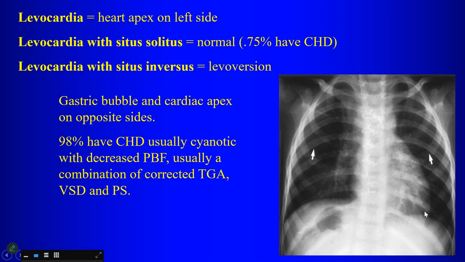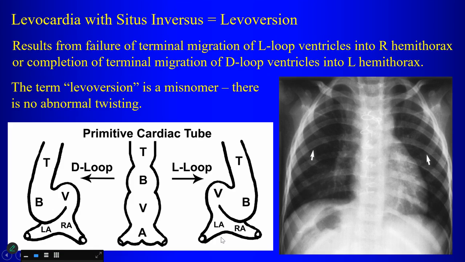But the apex is on the wrong side, so something is wrong here. If it's situs inversus, the cardiac apex should be on the other side. So if you look at the configuration of the abdomen, and then you look at the heart, it gives you some idea that something might be abnormal. Okay. So levocardia with situs inversus is levoversion.